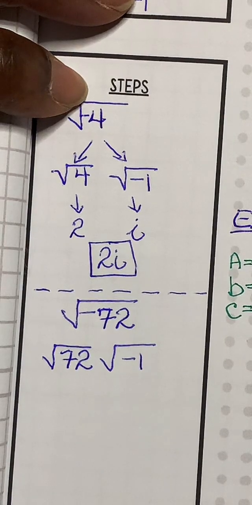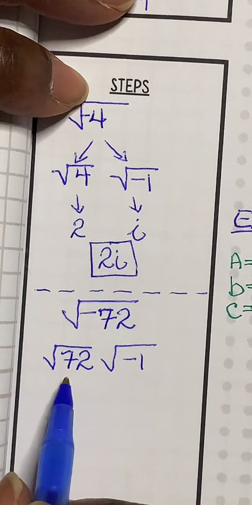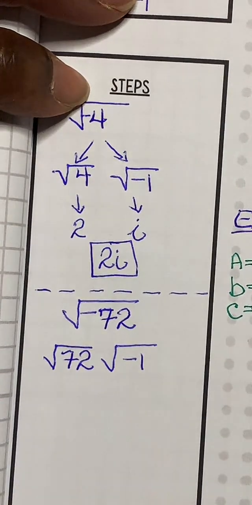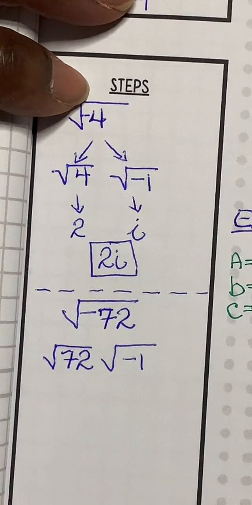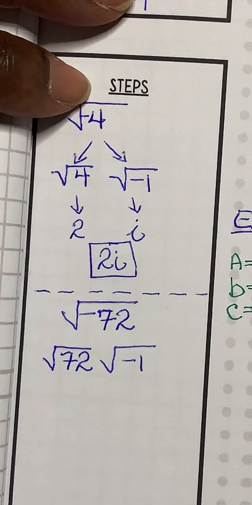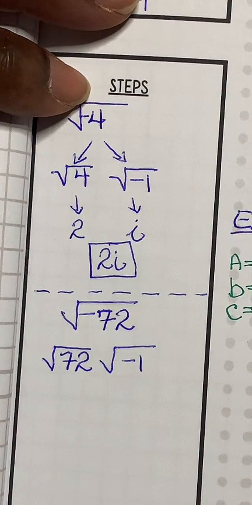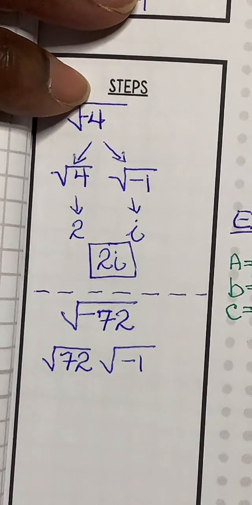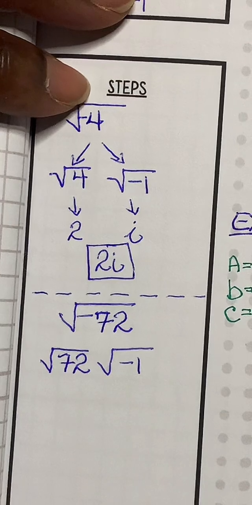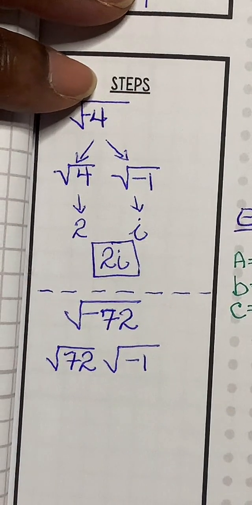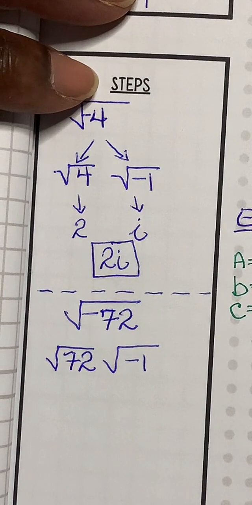But 72 is not a perfect square, but it can be divisible by a perfect square. What two numbers, perfect prime combination, multiplied will give me 72?